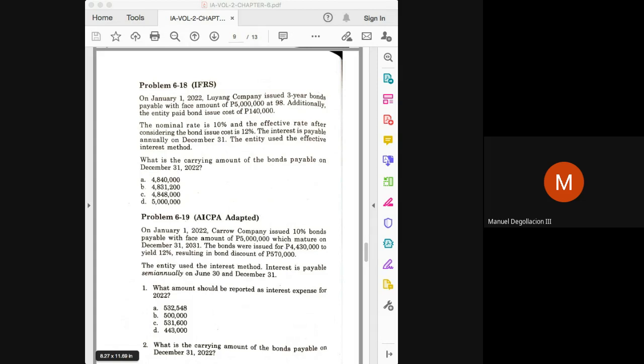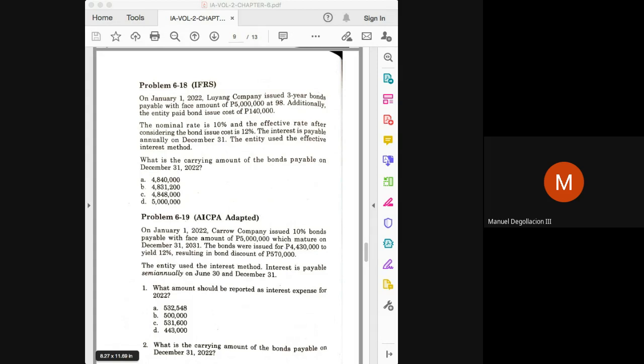So if our initial carrying amount is 4,760,000 and the face amount is 5 million, let's say that the discount together with the bond issue cost amounts to 240,000. Now our answer for December 31, 2022 would not be 4,760,000 because we expect the initial discount of 240,000 to decrease by the end of the first year.